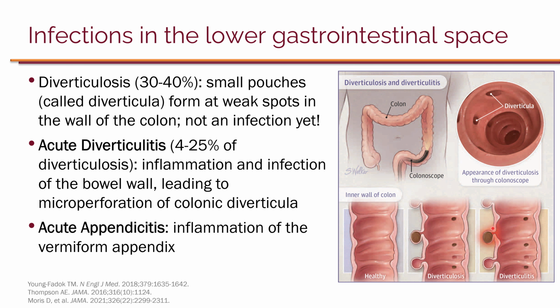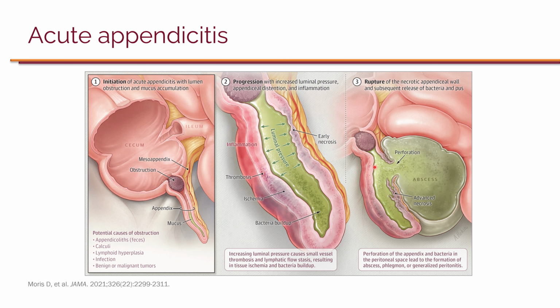healthcare providers. And lastly, since the appendix is attached to the end of the colon, acute appendicitis, which is the inflammation of the appendix, is also part of the lower gastrointestinal space. When we look closely at the appendix, inside there are bacteria present as a normal part of the microbiome.